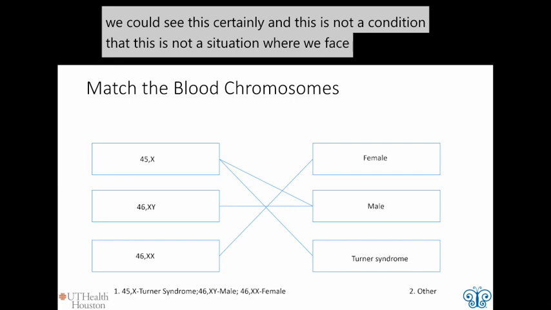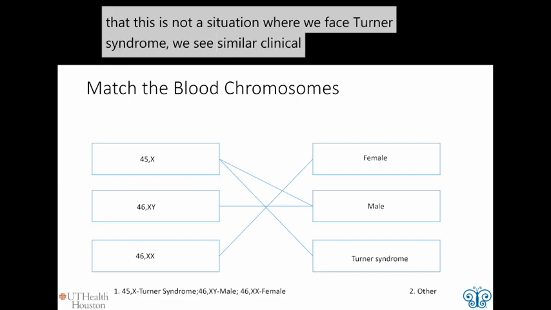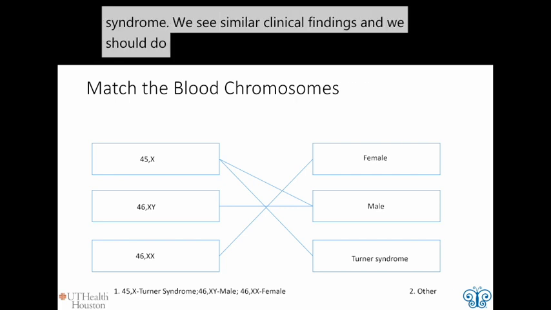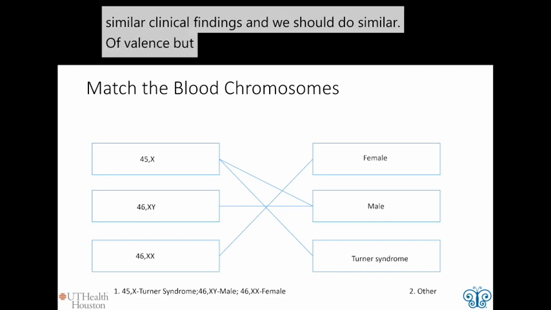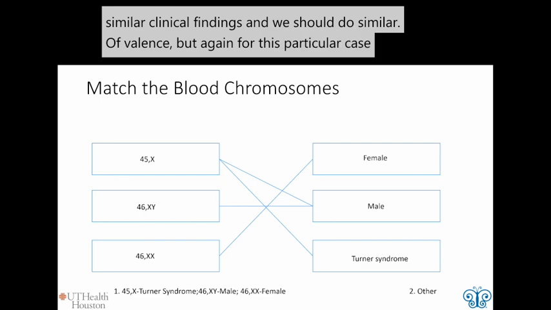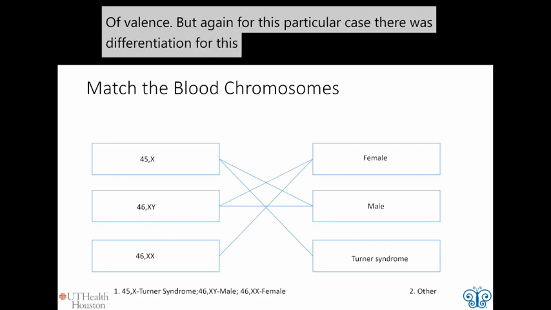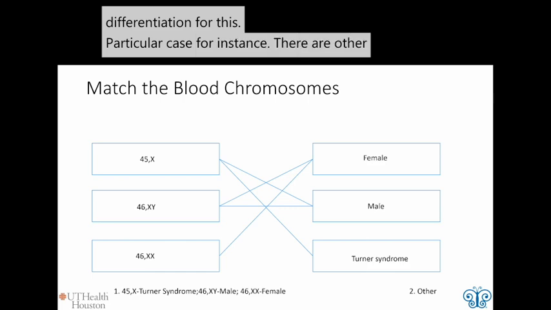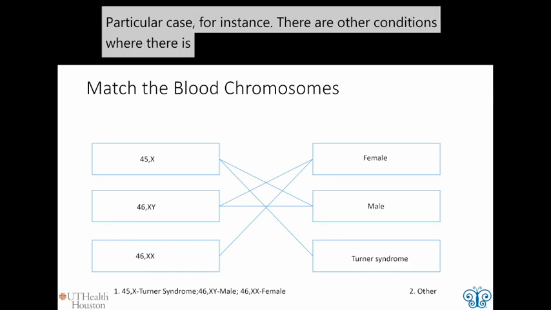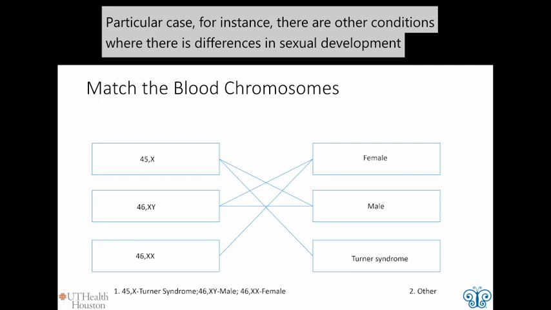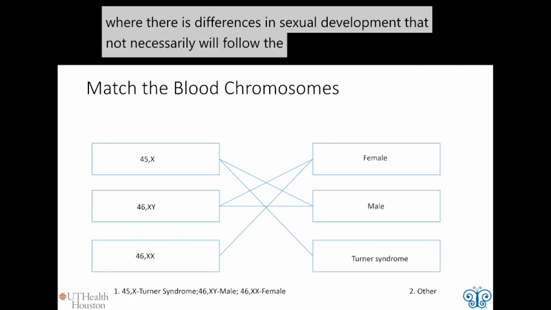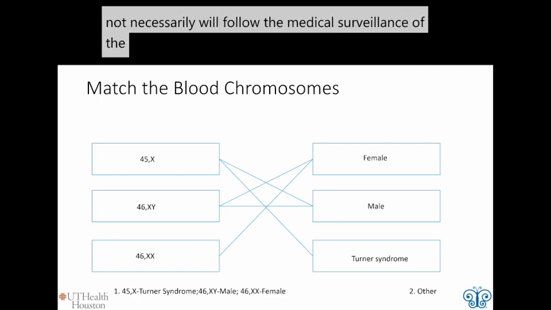We see similar clinical findings, and we should do similar surveillance. But again, for this particular case, there was differentiation. For this particular case, for instance, there are other conditions with differences in sexual development that will not necessarily follow the medical surveillance of the diagnosis of Turner syndrome.